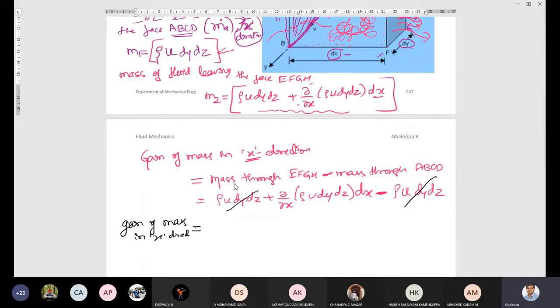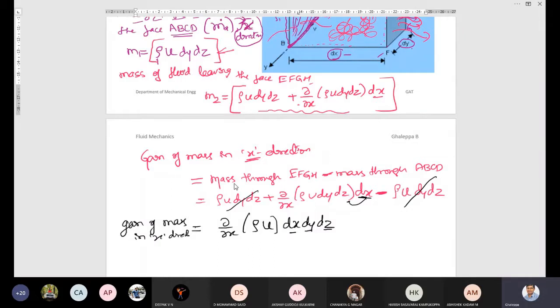So what will be dou by dou x of rho u? Here dx is there, this also I will take inside. Or rho u I will take as one term, and dx dy dz I will take as a second term. You can ask a question: why have you taken it like this? Because dx dy dz are the lengths of that cubic element. It is a constant value because it is geometry. Geometry will not change with respect to fluid flow.